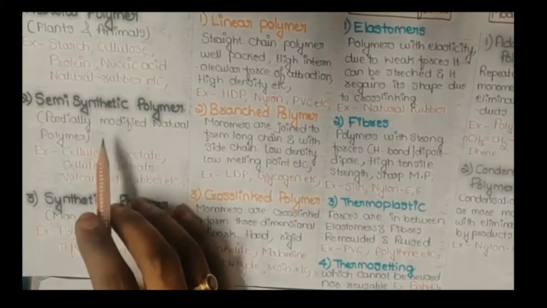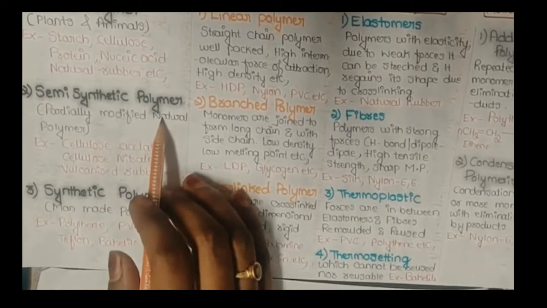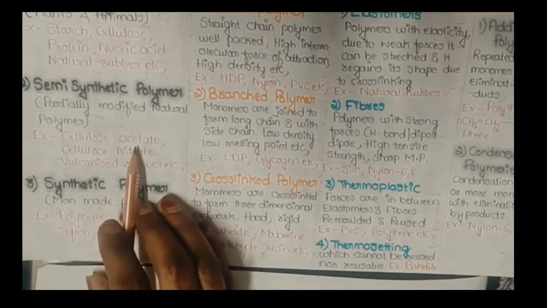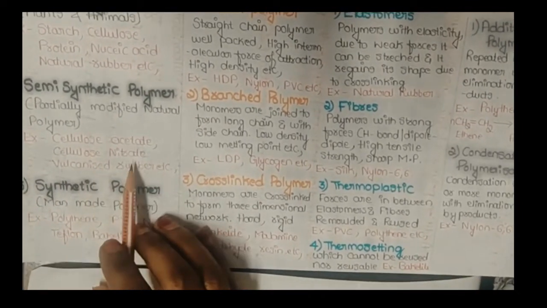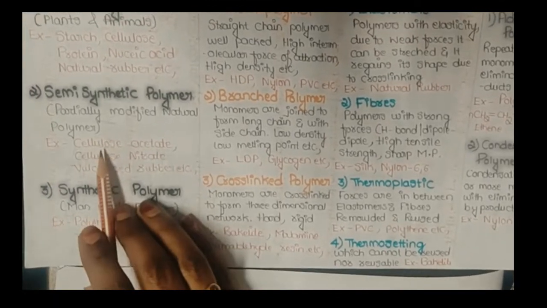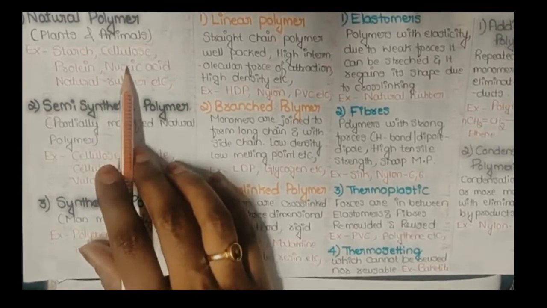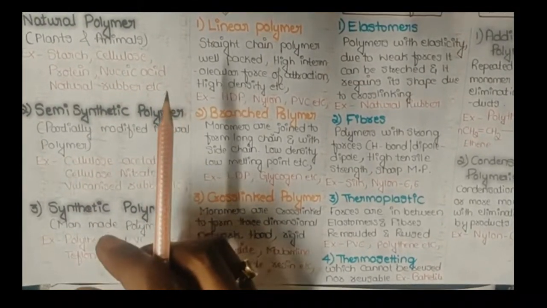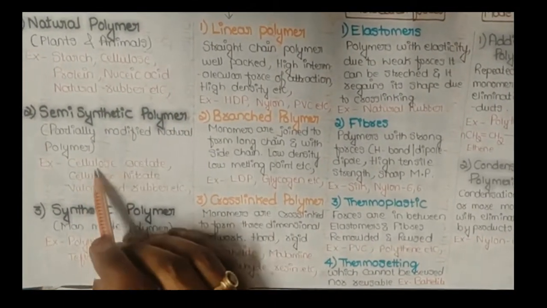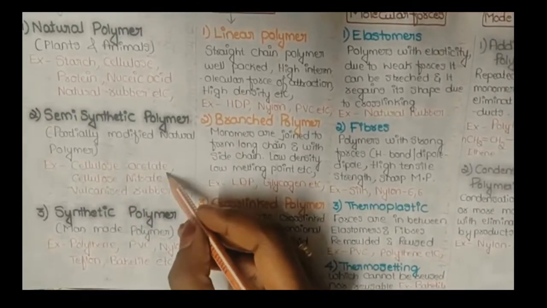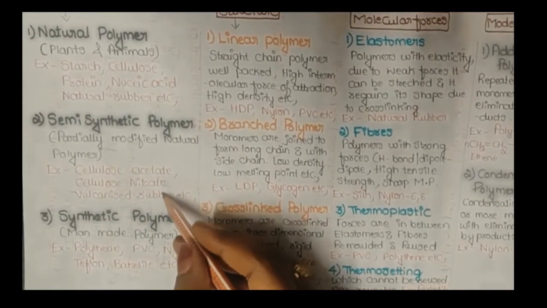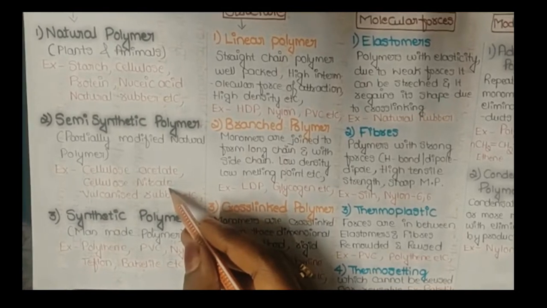The best examples for semi-synthetic polymer are cellulose acetate and cellulose nitrate. Here you can see that cellulose is a natural polymer. We are modifying the natural polymer, that is cellulose, by introducing an acetate group as well as a nitrate group.